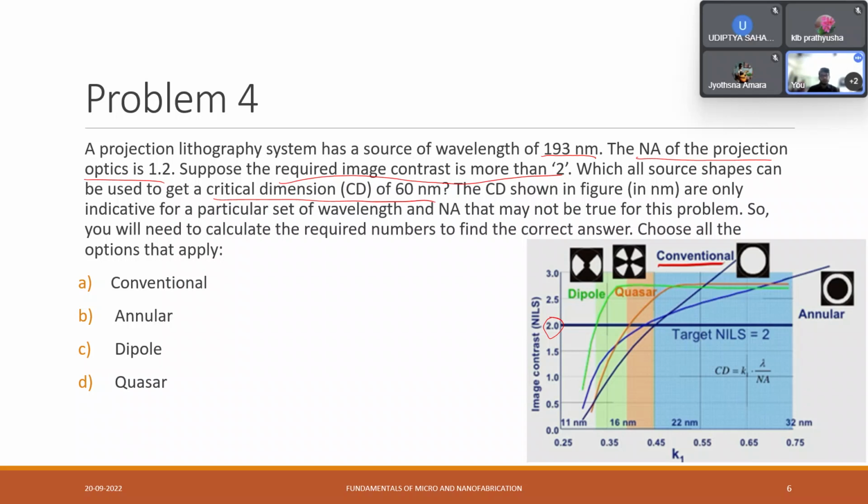Essentially these source shapes have a big role to play as far as diffraction optics is concerned. What kind of sources you are using can determine how your image contrast will be. So terms like image contrast and numerical aperture are coming up, and you have to systematically link everything. The formula essentially is given here, and you put it in.